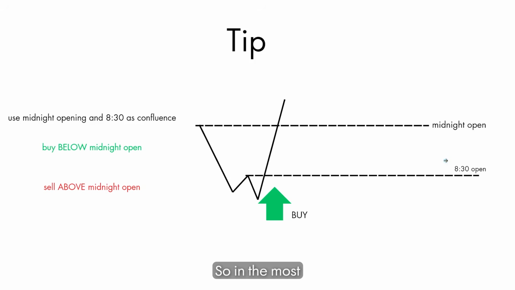So in the most ideal setup, you'd be buying below the midnight, 8:30 and the previous candle's close, okay? That will produce the highest probable setup using our daily high and low strategy, okay? And then for a bearish example, you want to be selling above these levels, okay? Above your midnight and above your 8:30, and that also creates for you your perfect previous day high and low strategy, okay?